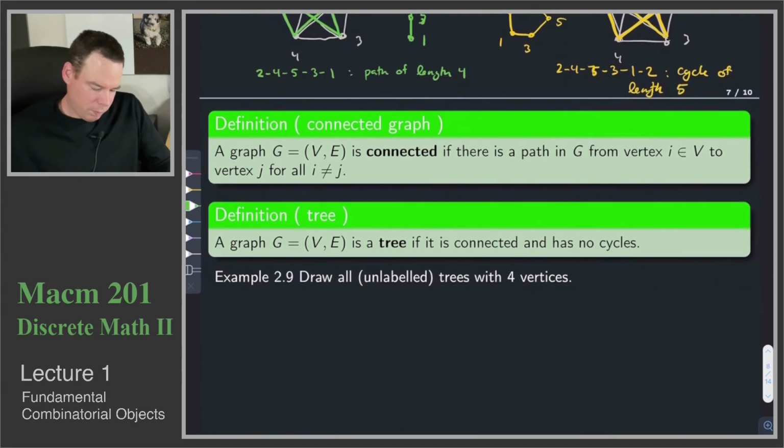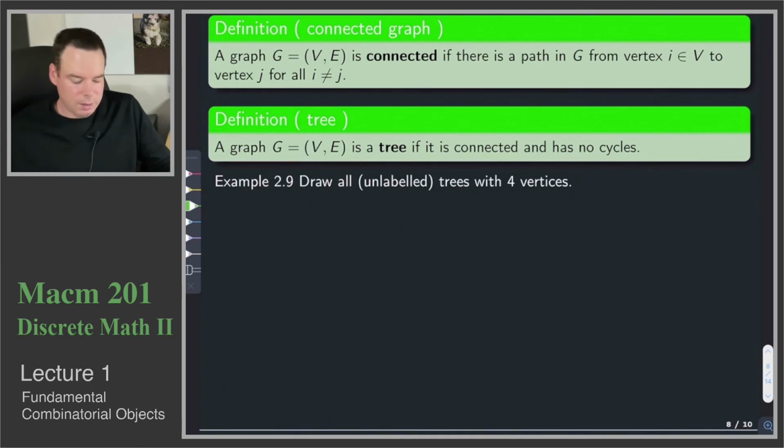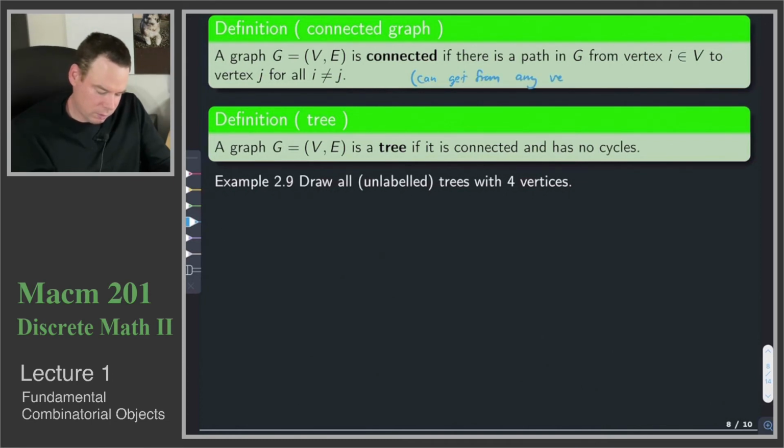A few more bits of terminology. A graph is called connected if there is a path from vertex i to vertex j for all pairs of vertices i and j that are different from each other. So what this means is we can get from any vertex to any other vertex.